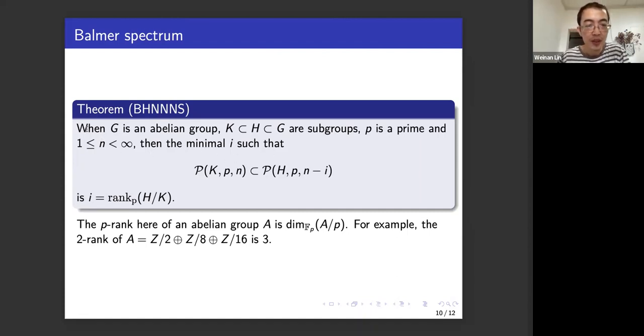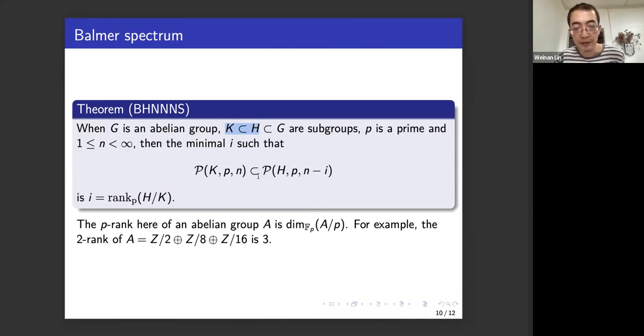So when G is an abelian group, and we consider 2 subgroups of G, and consider a prime P and n greater or equal to n, then the minimal I such that the prime ideal for K at P and n is included in the one for H at P and n minus I is this I.